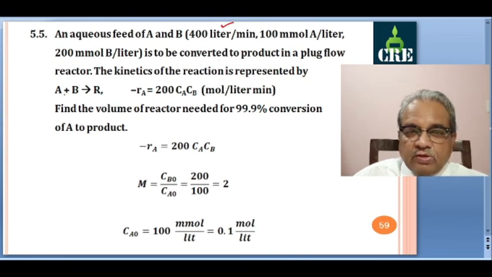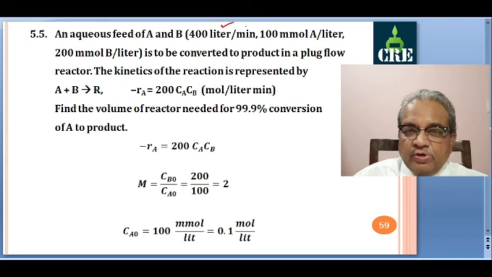The A and B concentrations are given in millimoles per liter, and the 400 liters per minute is the volumetric rate V0. The kinetics is A plus B giving R, with minus Ra equal to 200 CaCb moles per liter per minute. Here the rate is in moles per liter per minute, whereas the concentrations are given in millimoles, so you have to take care.